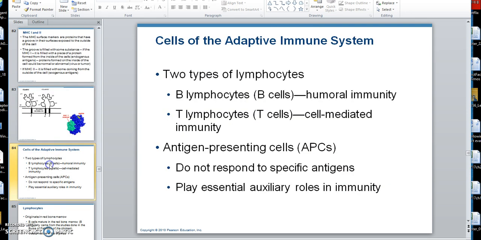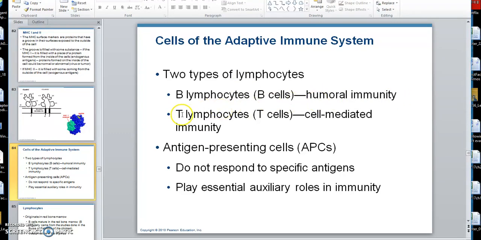Two types of lymphocytes are in the adaptive system. So really 3 types of cells in this third line. The B lymphocytes, which we'll be talking about, produce antibodies. They're for humoral, extracellular.